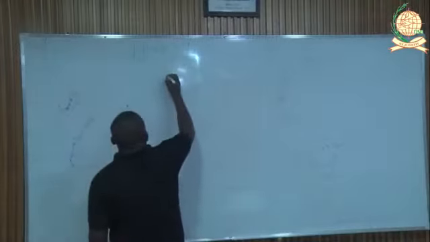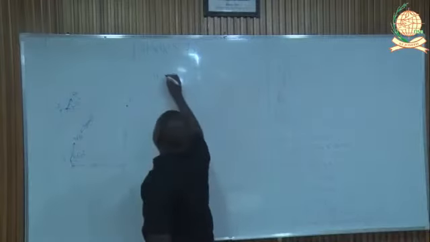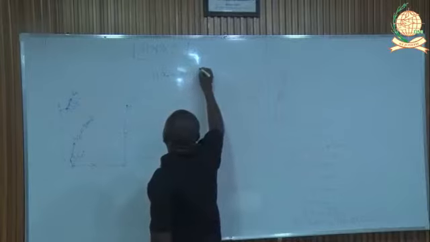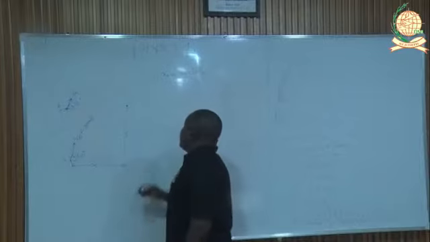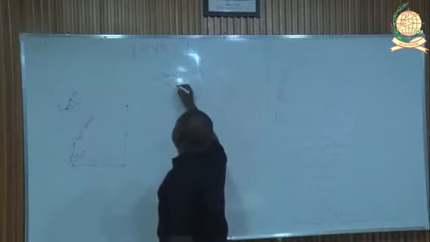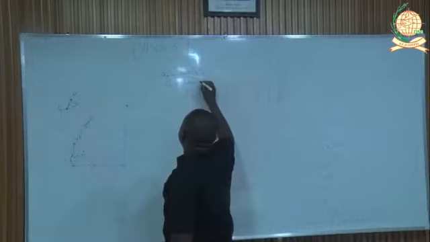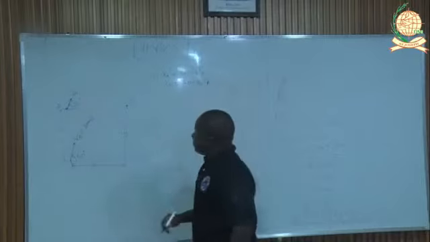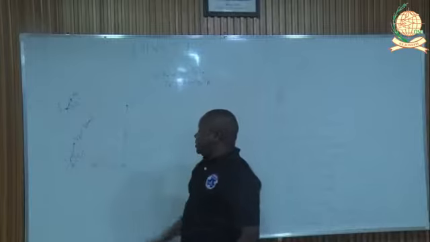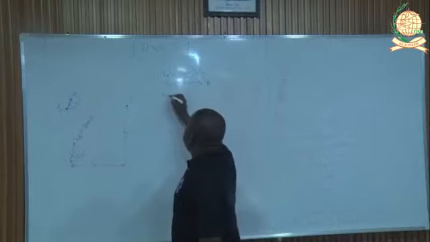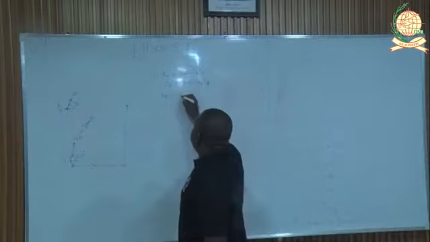Roman 1. Since two particles, the distance x of particle A is equal to v naught A cosine of theta times time taken by A, while the distance of B is equal to v naught of B cosine of angle B times time taken by particle B. But this distance XA is the same as distance XB, so XA is equal to XB.